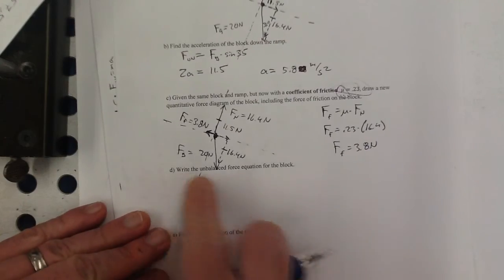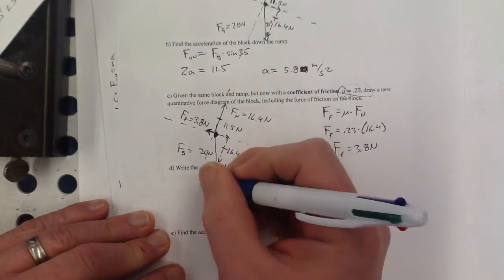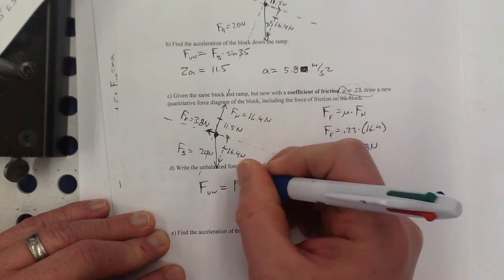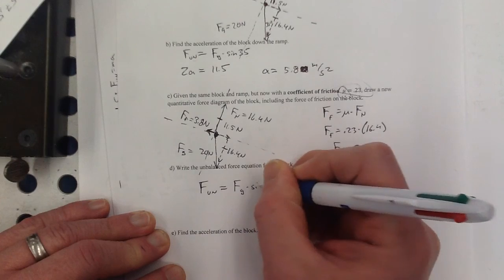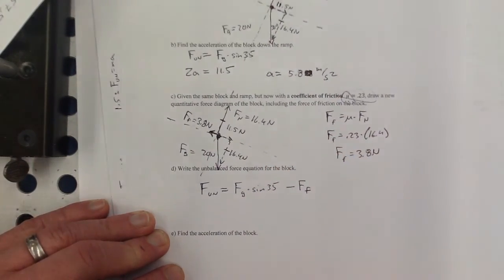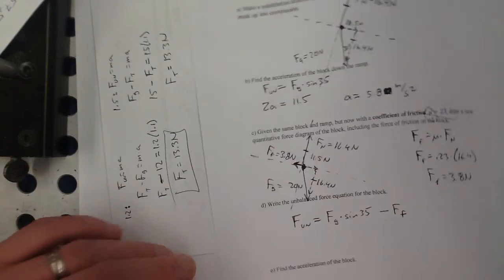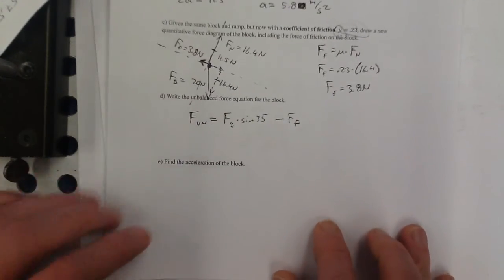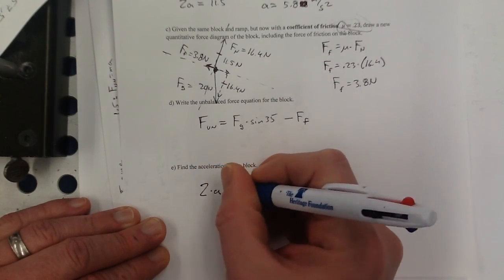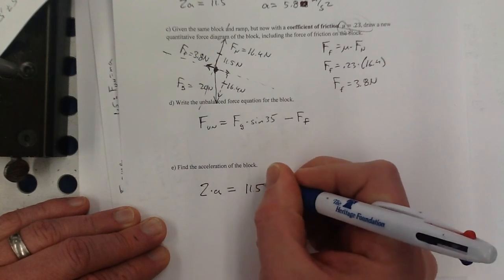All right. Now, new unbalanced force equation. Looks like this one, but now I've got friction in the losing direction. That's my unbalanced force equation. And then last, unbalanced force is equal to mass times acceleration. This is 11.5.